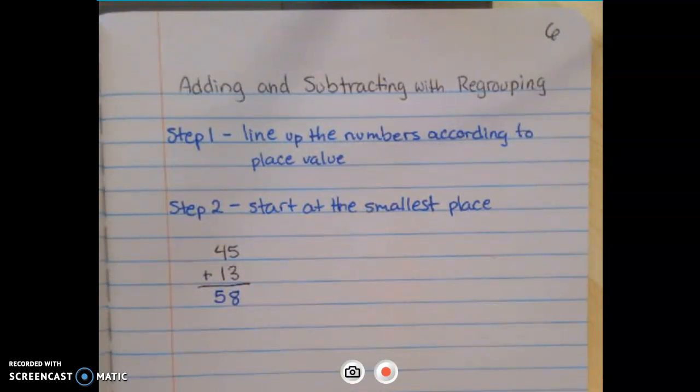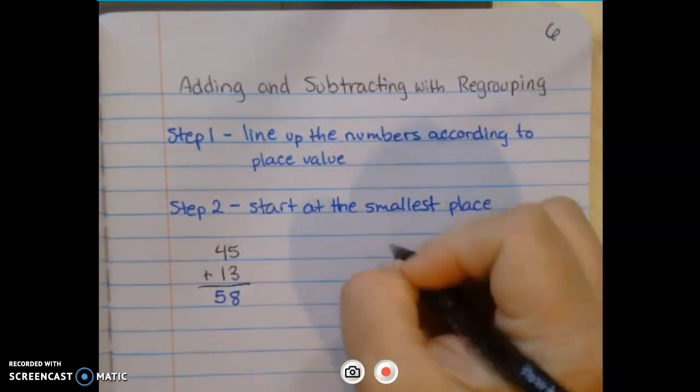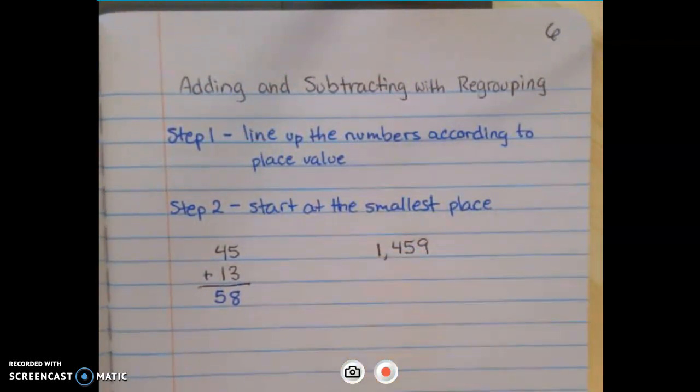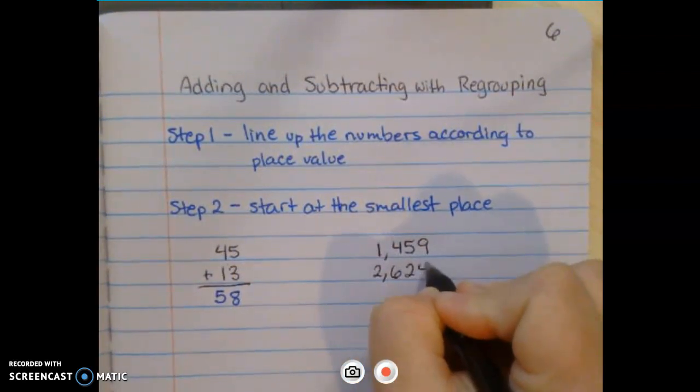Let's look at a bigger number. Here I have 1,459, and I want to add it to 2,624.